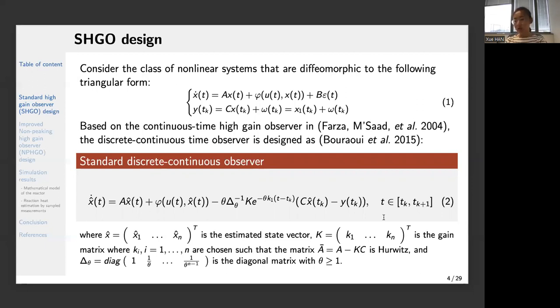It should be chosen such that A bar, equal to A minus KC, is Hurwitz. The matrix delta theta is a diagonal matrix with the following form. Here we suppose theta is bigger than or equal to 1.